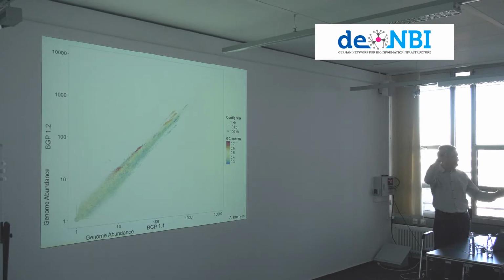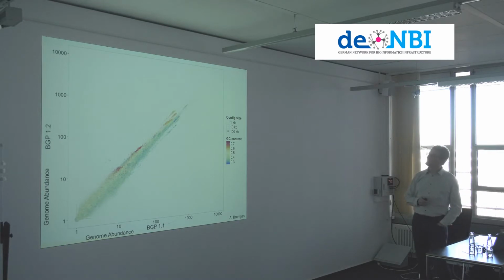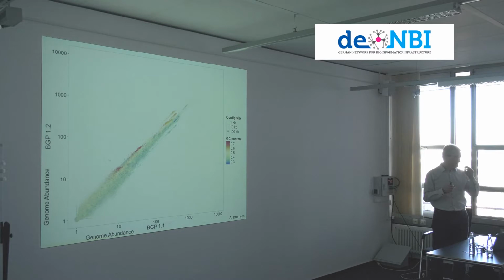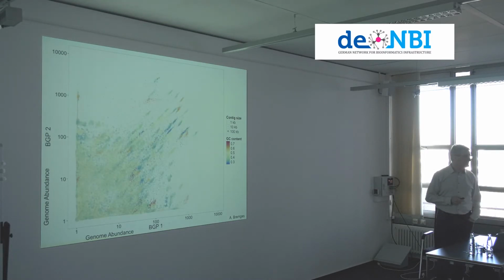And this is a replicate. So they should all be on the diagonal. So there are 2 samples which are technical replicates. But if you take 2 samples which are a little bit different, let's say you do a time series or something, right? It might look like this, right? And you see that there are sort of clusters here, but you don't really know if they really come from the same genome.